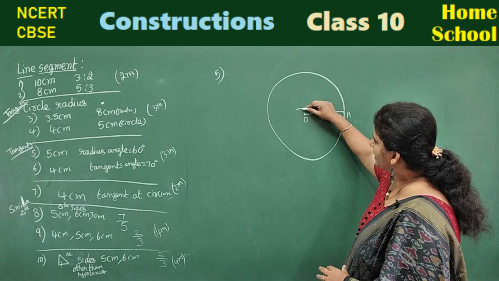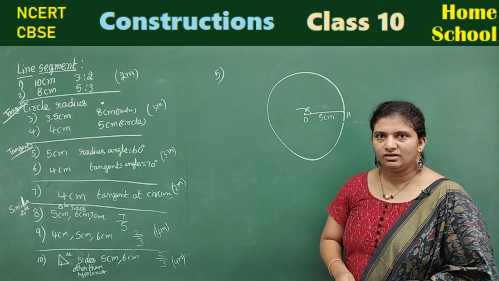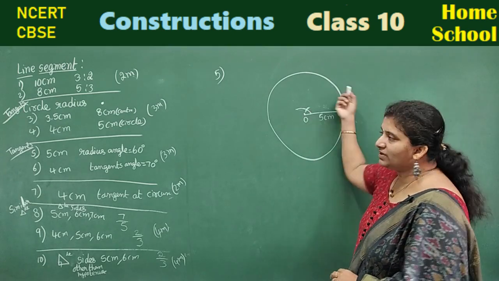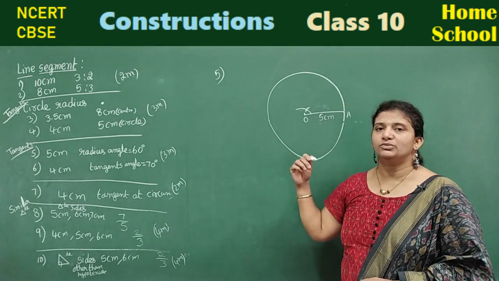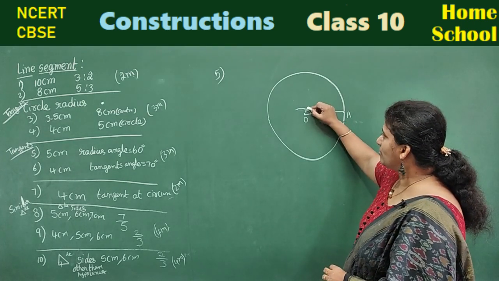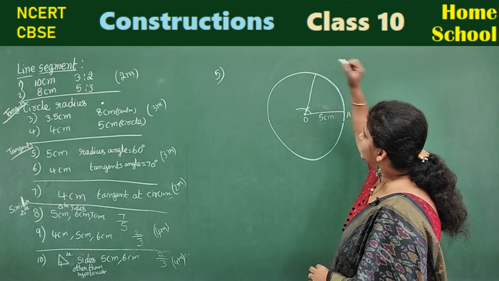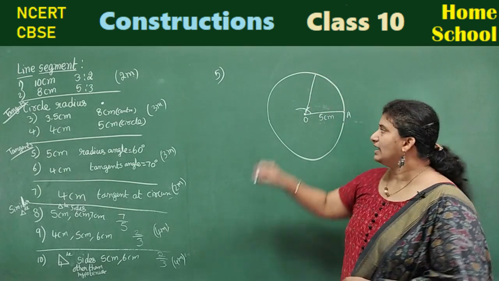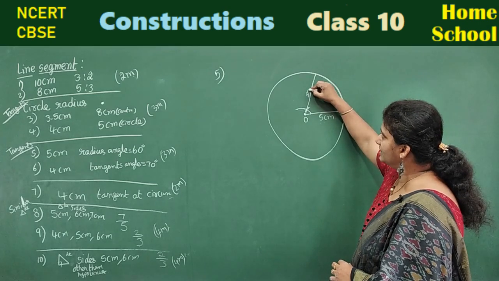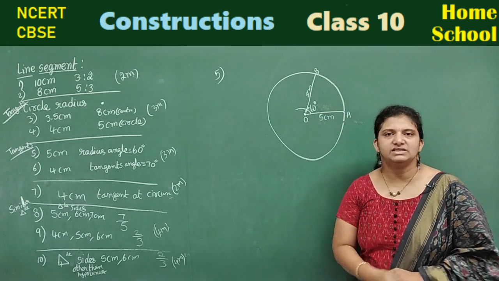Draw an arc, and again the first arc is 60 degrees. Right? With the compass you can make the angle, or with a protractor also you can do this angle. Now this angle is how much? 60 degrees. So try to join and touch the circumference, and this becomes the radius. The angle between these two radii is how much? 60 degrees.